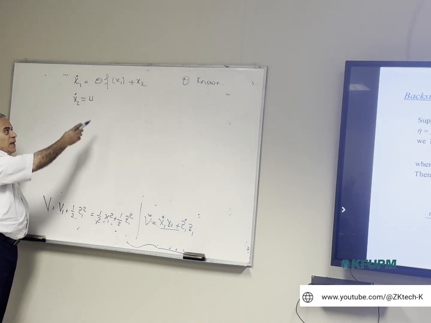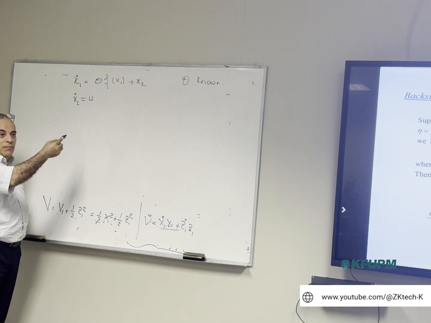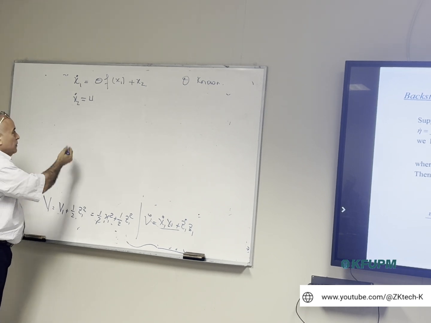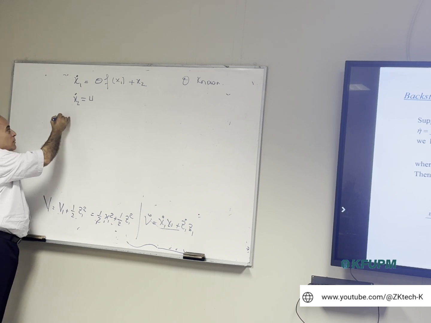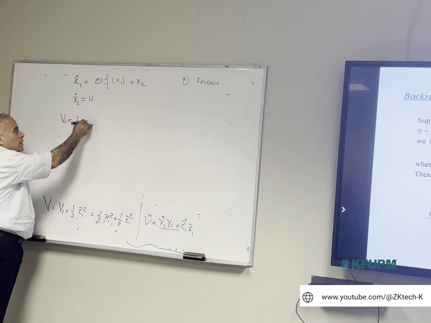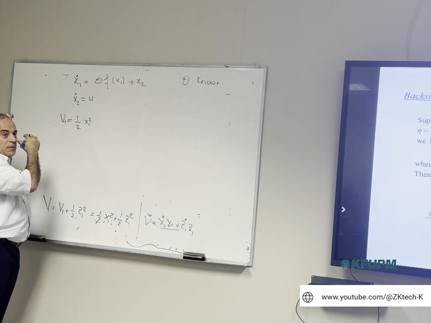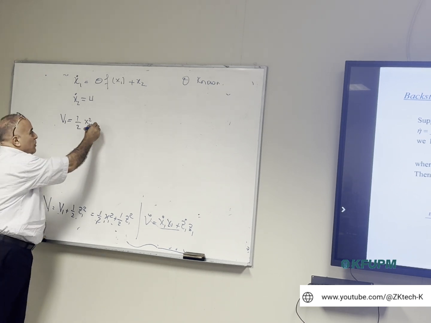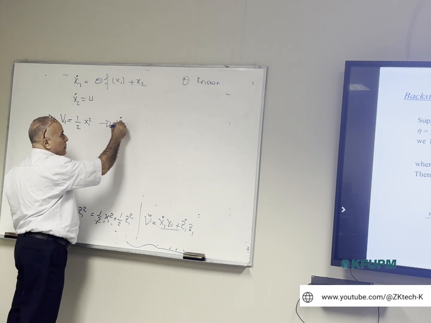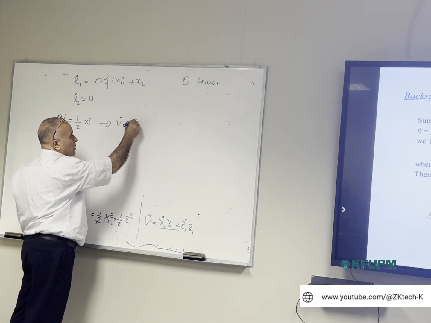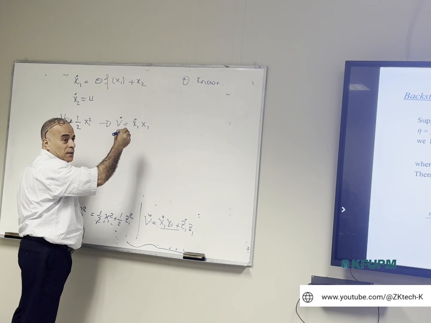We can assume x2 equal to u1 if we are rather playing with x2, but we can leave it as it is. So we are going to put V1 equal to half x1 squared, exactly the same thing that we did before. Then we would like to derive this V prime, which is equal to x1 times x1 prime, and make sure that it is negative.